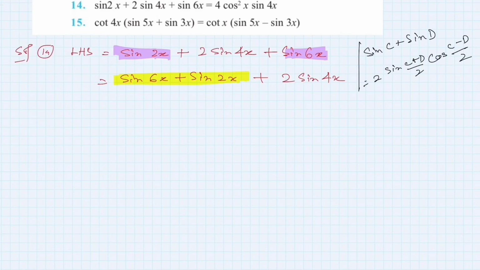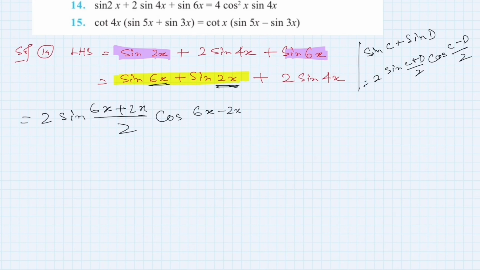Using this identity we will get 2 sine (6x plus twice x by 2). We have considered 6x as C and twice x as D. Then cos (6x minus twice x by 2), plus 2 sine 4x.